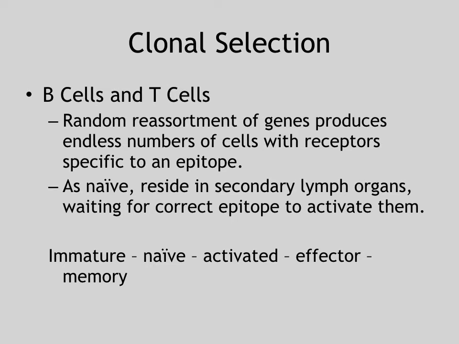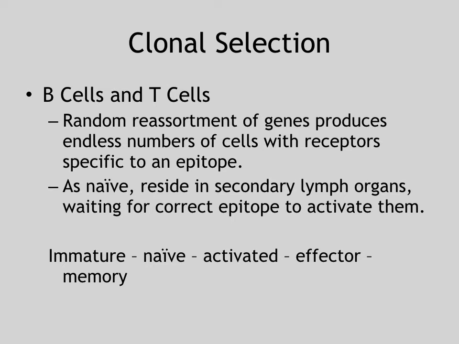They start out as an immature cell in the bone marrow. They will mature in the bone marrow and travel to the lymph nodes where they become naive. They will remain there as naive B or T cells in the lymph nodes until they become activated by antigen presentation of some kind. Once activated, they then divide and begin carrying out their effect.